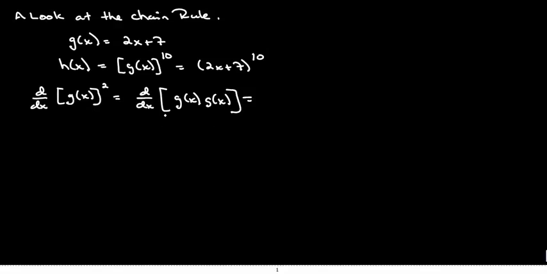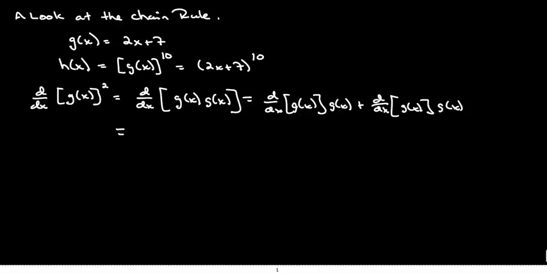That is going to be the derivative of the first guy times the second guy plus the derivative of the second guy times the first guy. So that's going to give me the following.